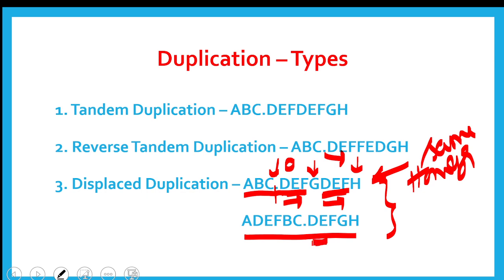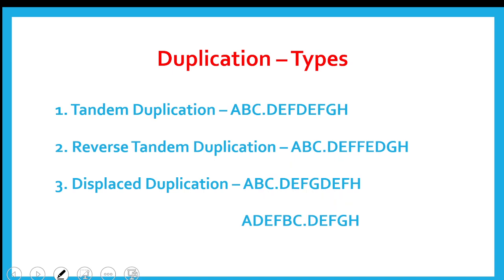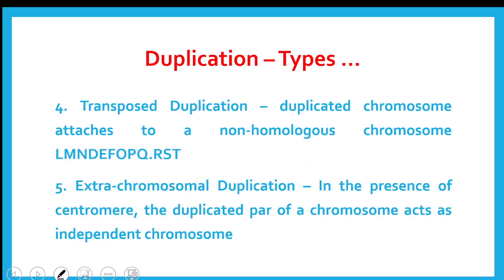If the duplicated segment is present on the other side of the centromere, we call it heterobranchial. So in both these cases, the duplicated segment is displaced from the original segment, either on the same arm or on a different arm, based on which they are called homobranchial and heterobranchial.